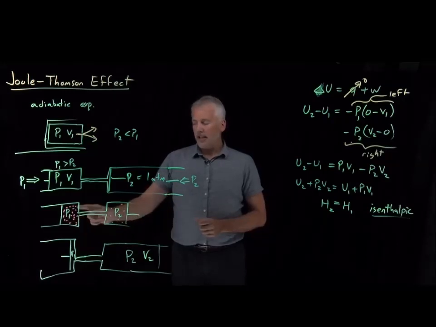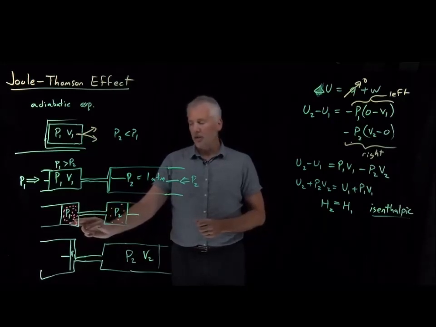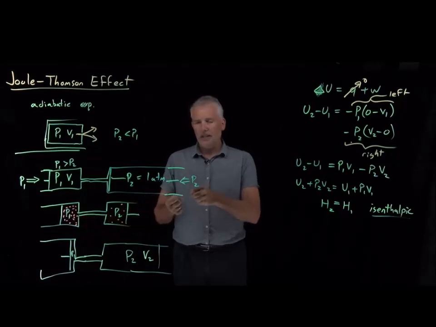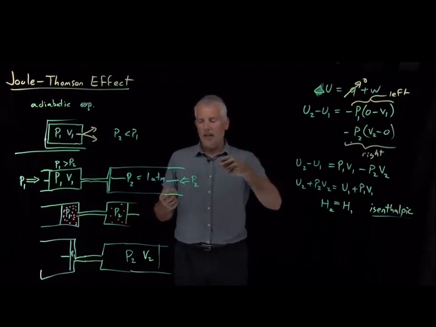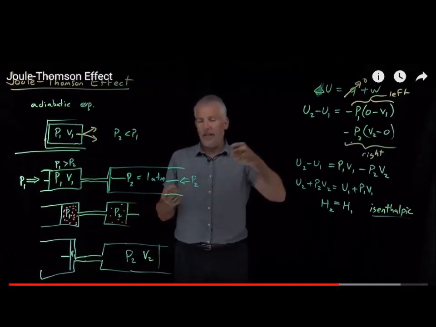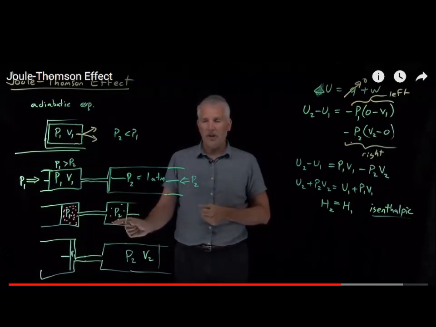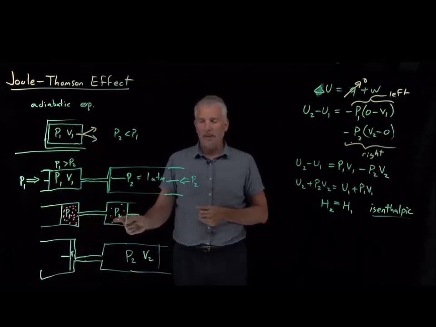But for a real gas, they do have some potential energy, and they attract each other. So molecules that are close together are attracting each other, have some favorable negative potential energy. If I expand the gas and make those molecules get further apart, then I've had to move against that attraction. I've had to put some energy in to increase their potential energy, so their potential energy goes up as I do that expansion.